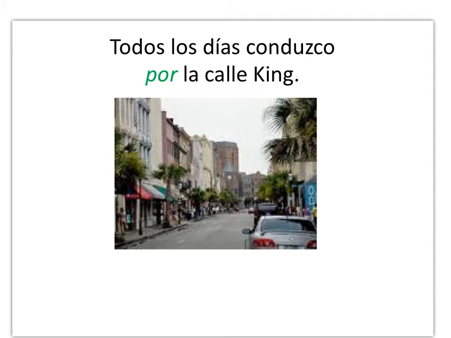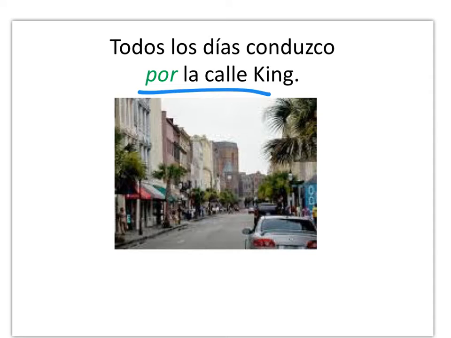Y el ejemplo de por que acabamos de examinar, aplicar con la pregunta. Conduzco por la calle, King. Por la calle, no? So when we were talking about por in our original response, and we were talking about por in this example, it's being used to convey what?